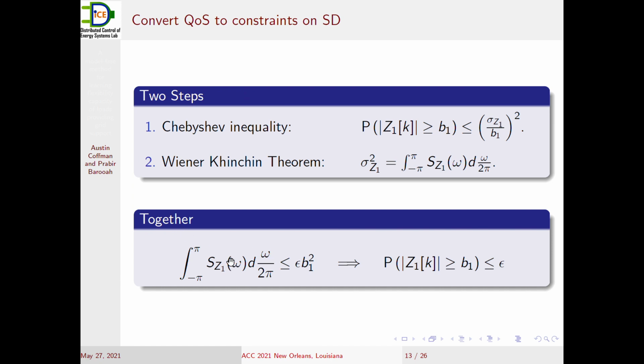And so here we have it. Not quite, but almost, is that we have this constraint on the spectral density implies some probabilistic guarantee about the original quality of service, which needs to be satisfied. And so what we want to do is we want to take this spectral density and convert it to one on the power deviation.